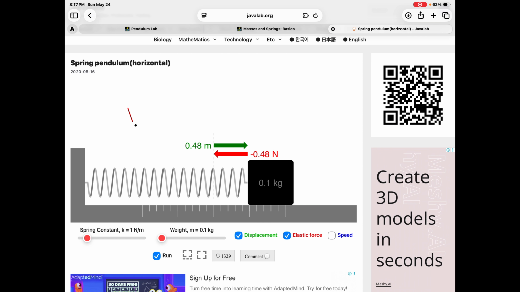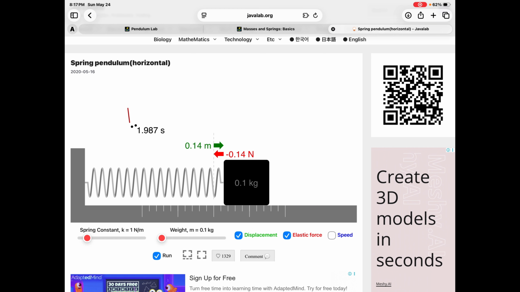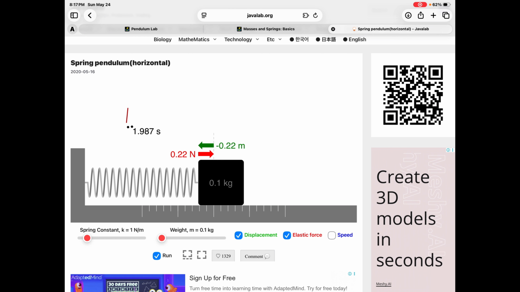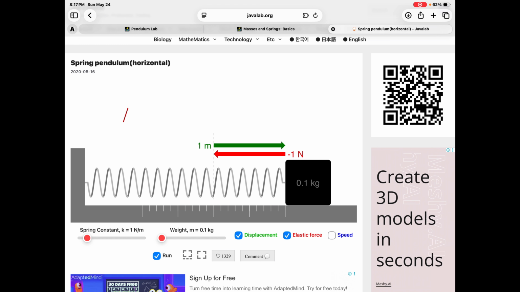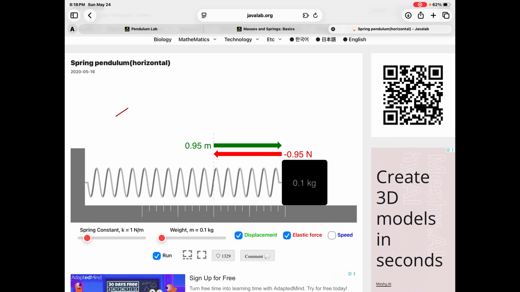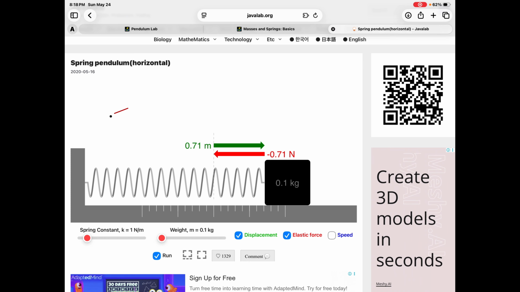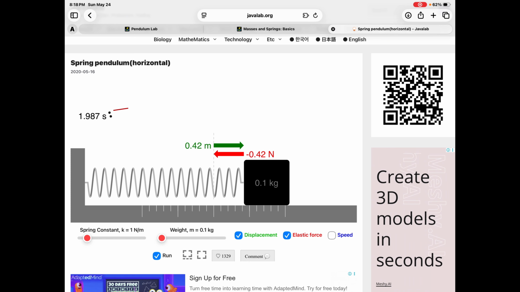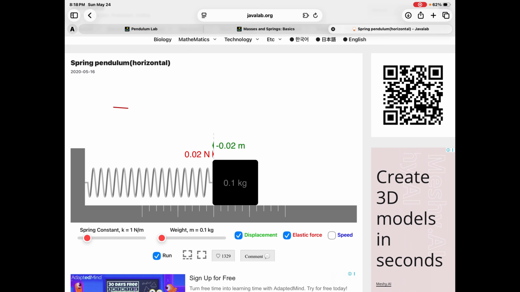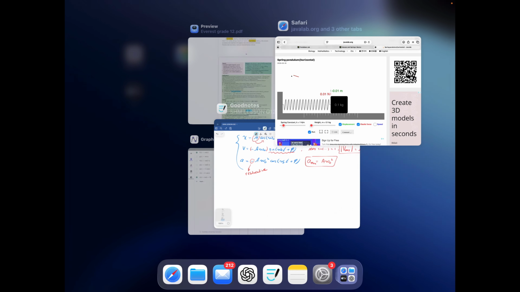And so the green vector and the red vector are always opposite to each other. And the red vector represents the elastic force, but it can also represent the acceleration of the block, and thus the acceleration always has a negative sign because it is a restorative acceleration.